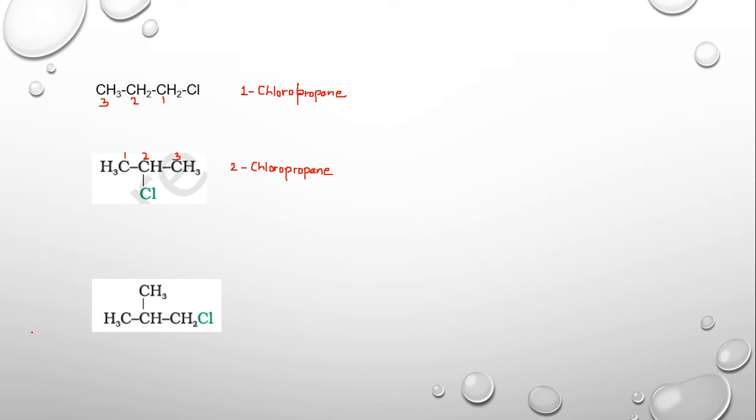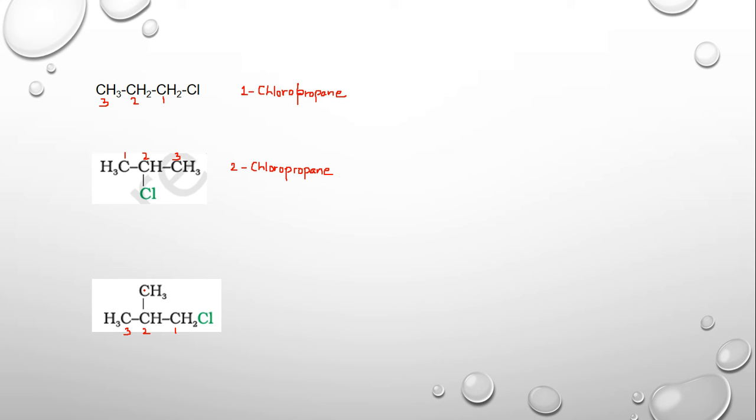Come to the third example. Now you have a branched structure. For the branched structure, you are going to start the numbering from the functional group. Here you have Cl. So you begin the numbering from the carbon atom which is attached to Cl. You number carbon 1, carbon 2 and carbon 3.